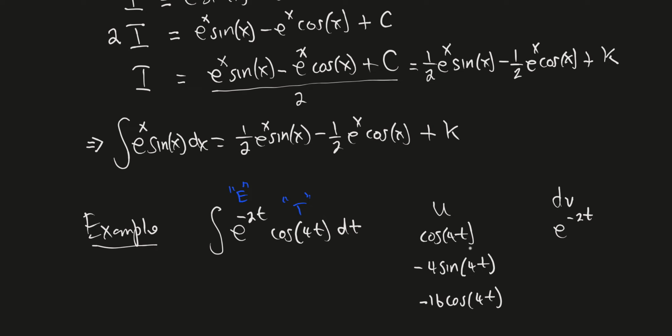Otherwise, it's just an infinite loop you'll be stuck in, right? And then we integrate as many times. So the integral of e to the -2t is -1/2 e to the -2t. And then another integral to balance out our table is 1/4 e to the -2t.